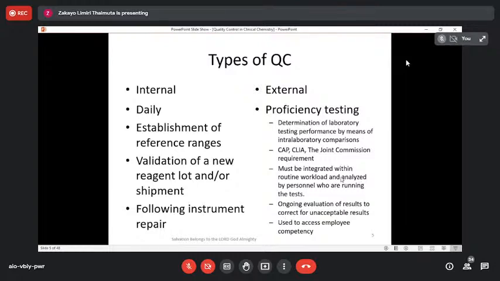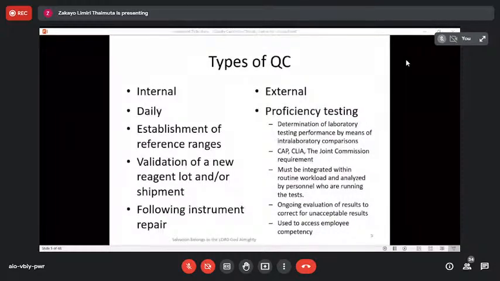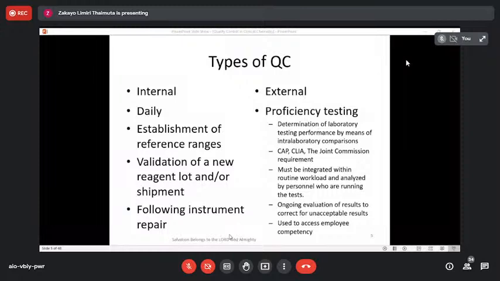One of the aspects of establishing proficiency is the determination of laboratory performance by doing inter-laboratory comparisons. What do I mean by inter-laboratory comparisons? Take for example, you may have seen those cases of COVID-19 tests.